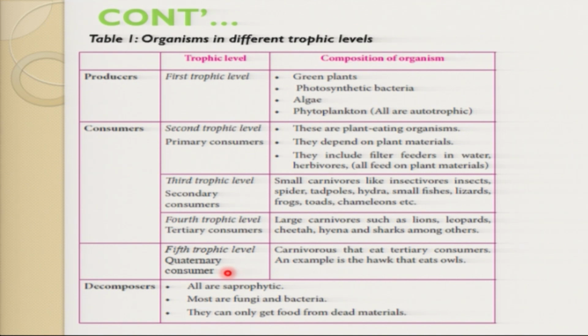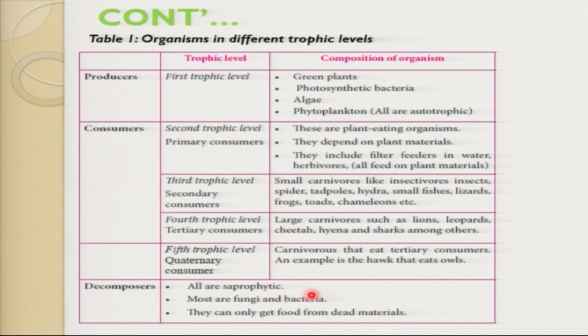An example is the hawk, and even the hawk that eats the owls. We have decomposers, all saprophytic, most of the fungi and bacteria. They can only get food from dead, decayed matter. That is how we could talk about organisms in different trophic levels.